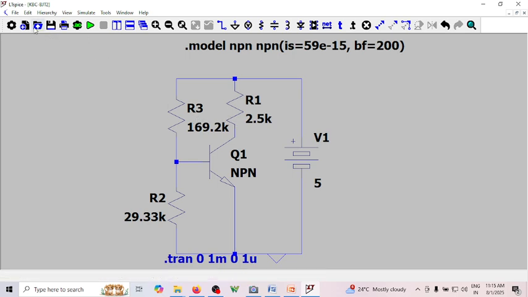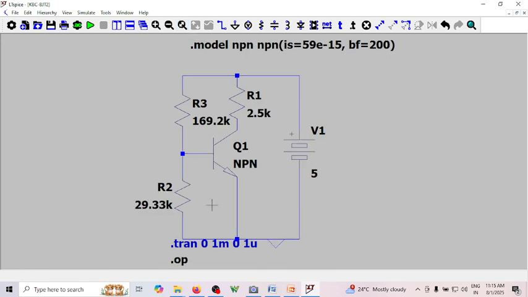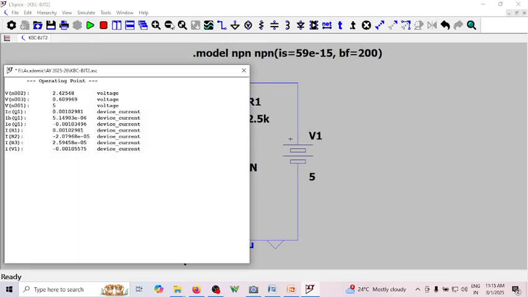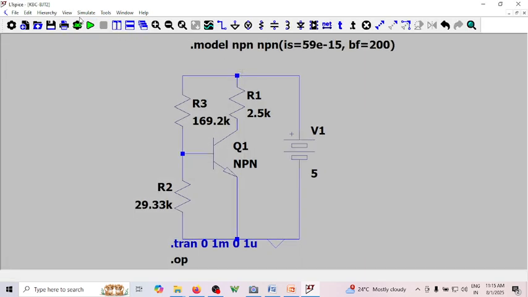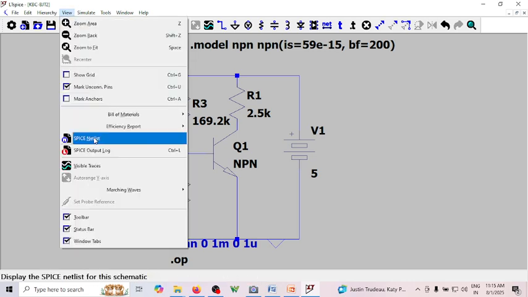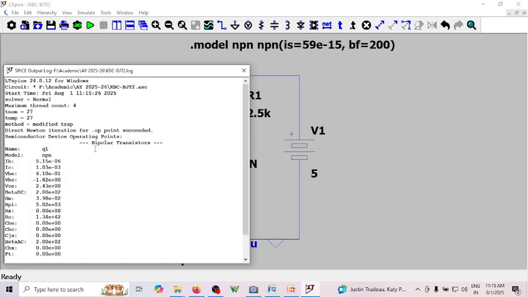Let me run this. Let me save it first, and do a dot op now. Let me see the net log. Do you see a collector current of almost 1 milliampere?